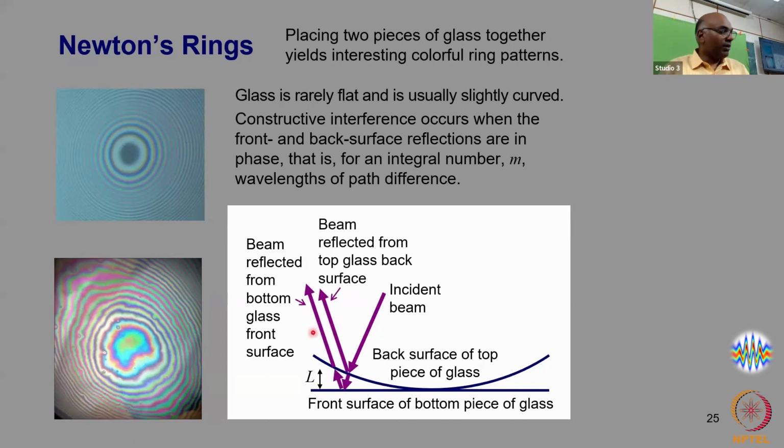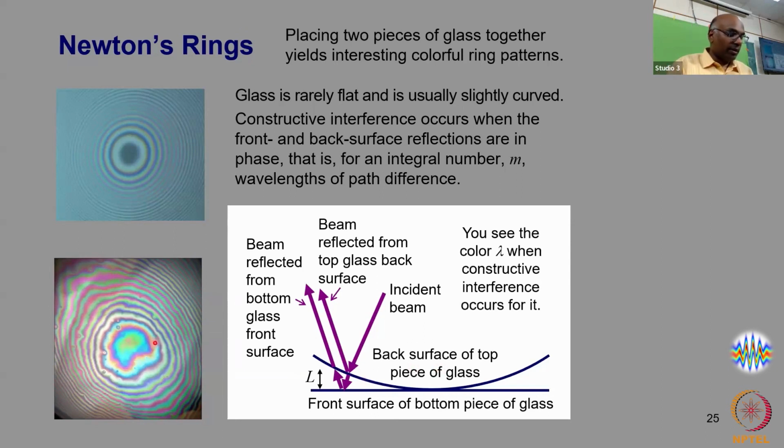So these two upward traveling beams interfere and give rise to these concentric Newton rings, and the fringes here are circular, owing to the fact that this whole experiment has a cylindrical geometry, right? You can also see different colors in the edge close to the bright regions, owing to the fact that different wavelengths close to the edge of the bright fringe going into the dark fringe essentially interfere at different angles.